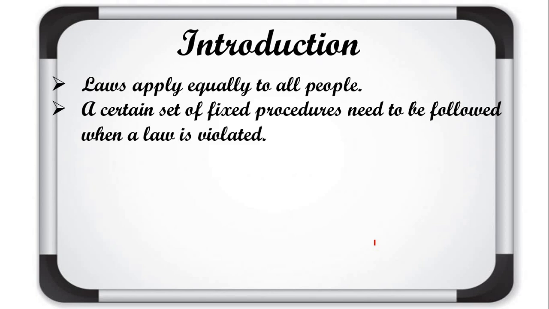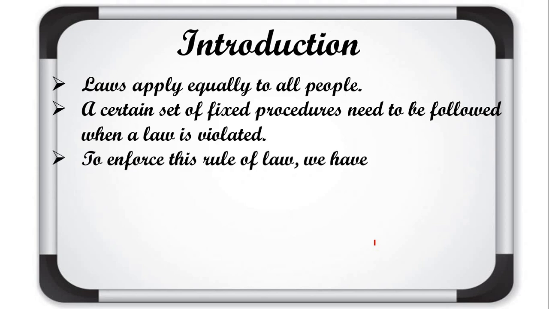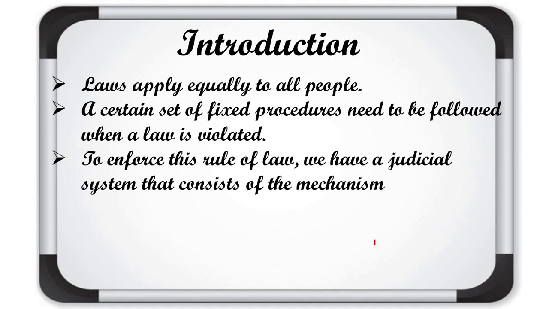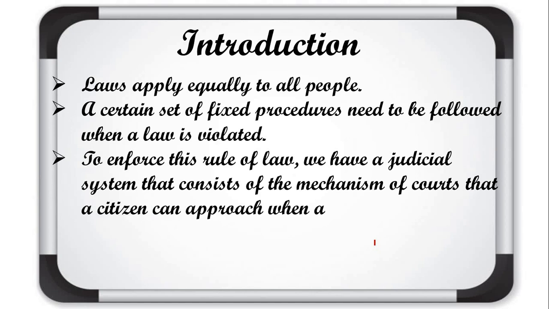Means every person is equal in the eyes of law, and if he or she violates the law, a particular set of fixed procedure has to be followed. And to enforce these rules of law we have a judicial system that consists of the mechanism of courts that a citizen can approach when a law is violated.